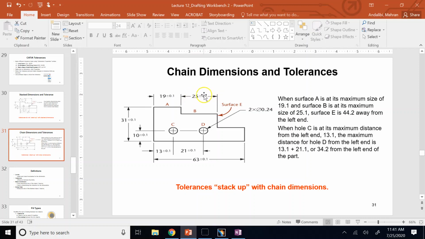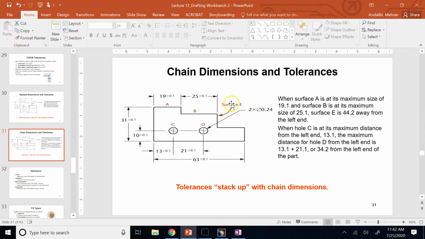The designer says you can go 0.1 above, that's fine. And you do that for all of them. What happens to the overall size? Yeah, it is going to be 63.3, while I could only tolerate it until 63.1. So what happened? These imperfections of each have been added together, they stack up, they accumulate, and they affect the total size of the part.